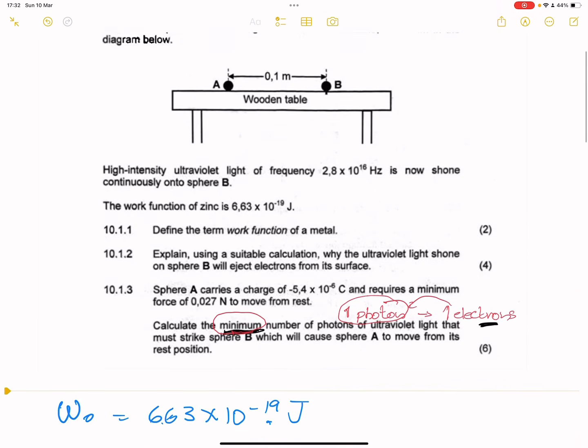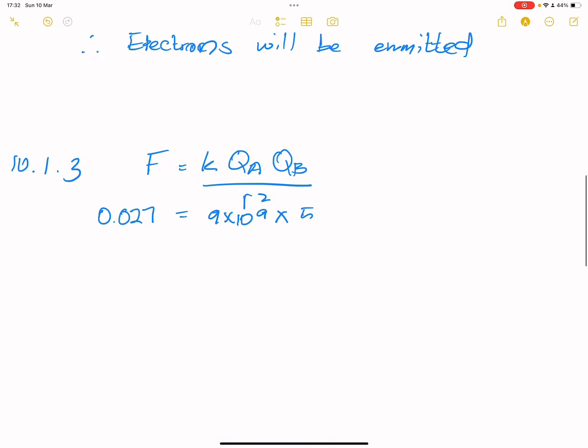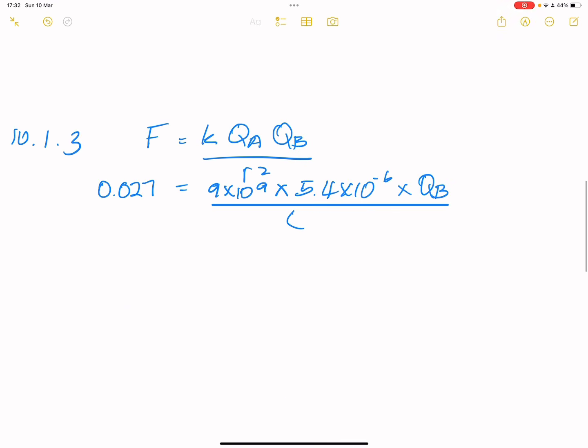Yes, the charge of A is 5.4 times 10 minus 6, multiplied by the charge of B. We are looking for the electrons that will be ejected in B, divided by the distance between them, which we're given as 0.1. And please remember to square it.